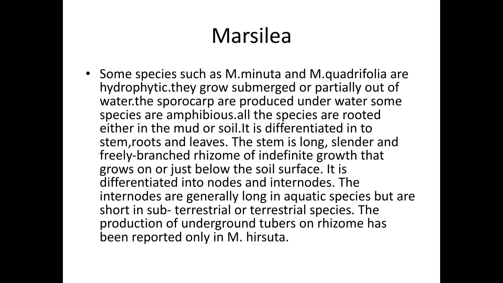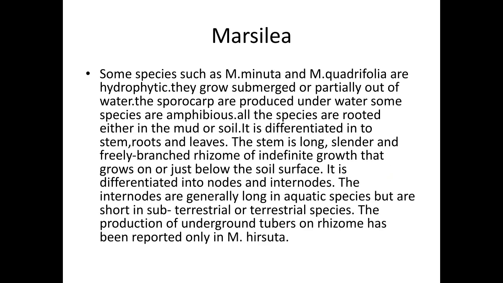It is differentiated into stem, root, and leaves. The stem is a long, slender, and freely branched rhizome of indefinite growth that grows on or just below the soil surface.